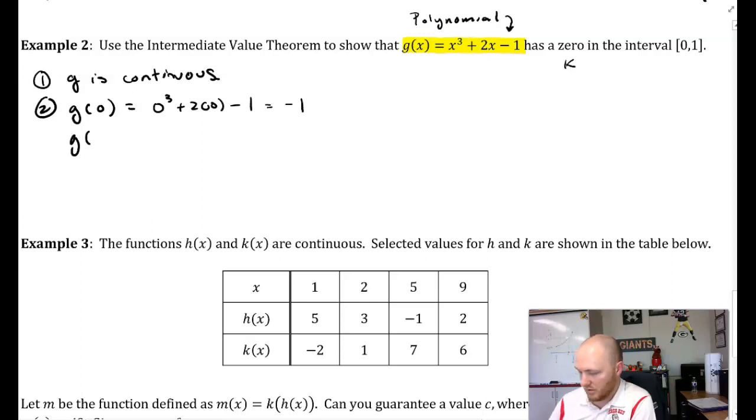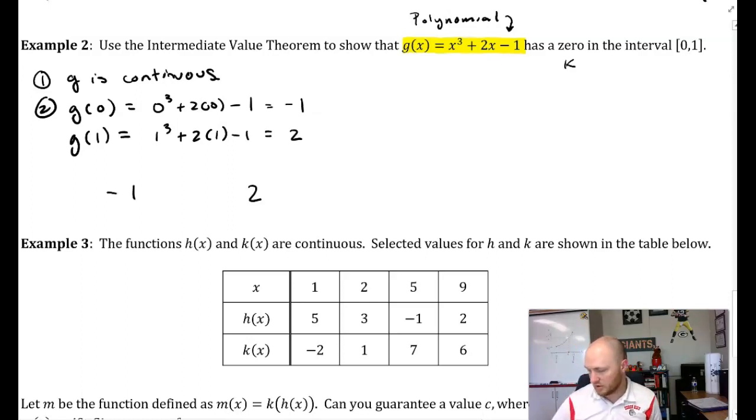Check the other endpoint. What is g of 1? 1 cubed plus 2 times 1 minus 1. That gives us 2. So I'm going to take these two values, -1 and 2, and I need to show that my k value is in between them. What's our k value? It's 0. Okay, I want that y value to be 0. So yes, it does work.